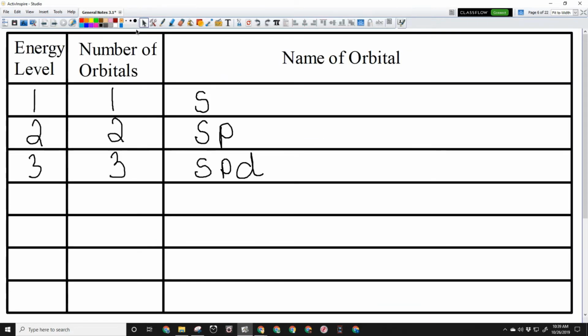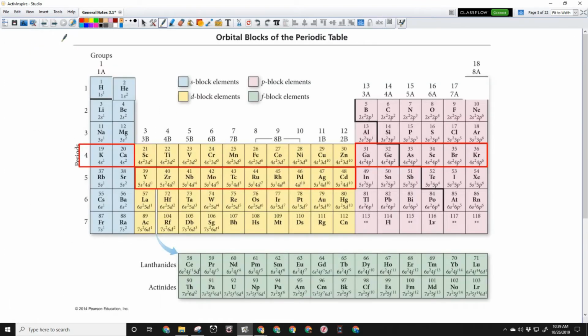All right, so on the fourth energy level, we have 4, and that's the S, P, D, and the F. Okay, on the fifth energy level, we also have 4, and that's the S, P, D, and F. Okay, and I'm going to go back and show you why.